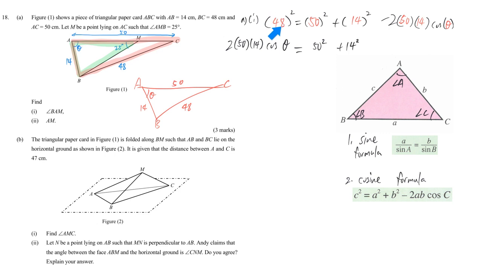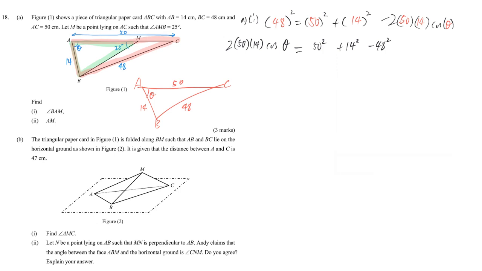I don't want this term to stay on the left hand side, so I move it to the other side, both sides minus 48 squared. That's why sometimes we write down the formula in another format. It's 50 squared plus 14 squared minus 48 squared, divided by 2 times 50 times 14. We divide both sides by this factor, so that only cosine is left.